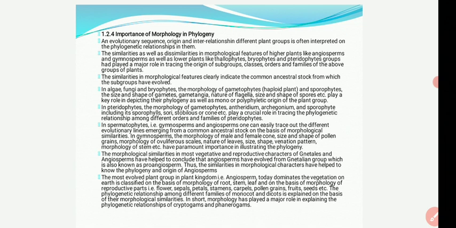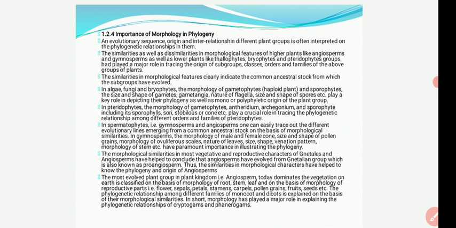In pteridophytes, the morphology of gametophytes, antheridium, archegonium and sporophyte, including its sporophylls, sori, strobilus or cone, etc., plays a crucial role in tracing the phylogenetic relationship among different orders and families of pteridophytes.